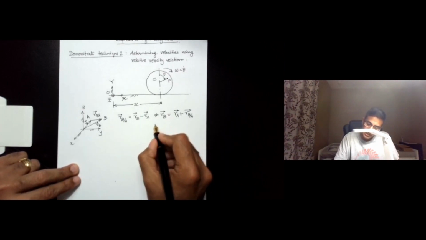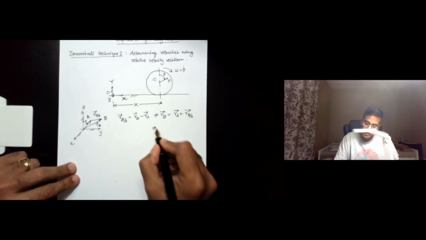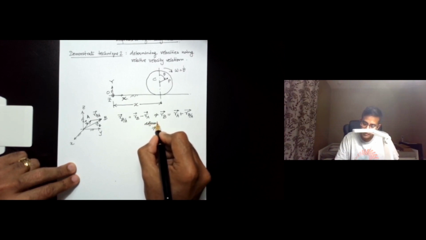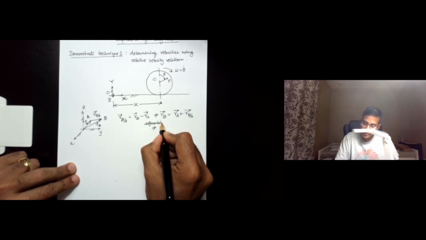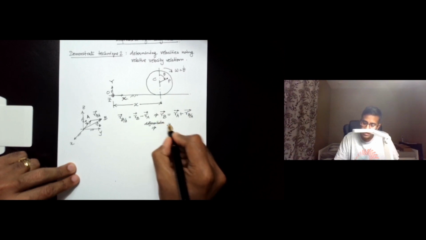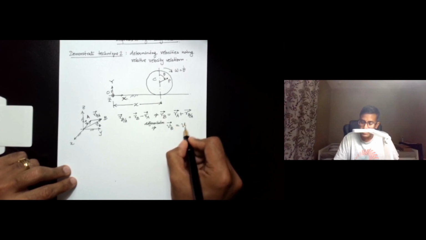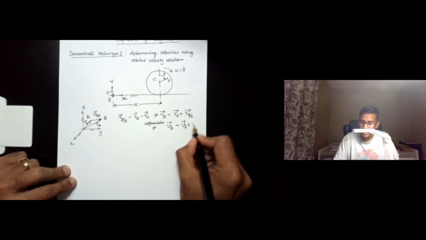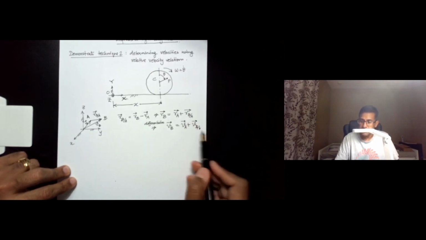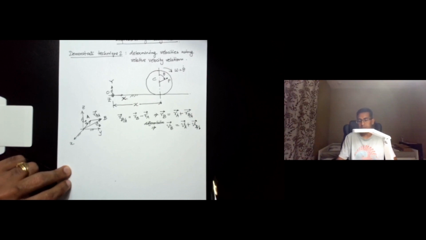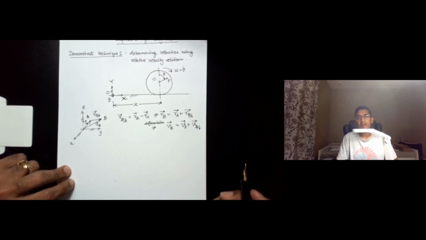And if we then carry out a differentiation, then we get the relative velocity equation, which says that velocity of B is equal to velocity of A plus velocity of B with respect to A. All we have done here is we have differentiated this equation with respect to time, and we have this relation.